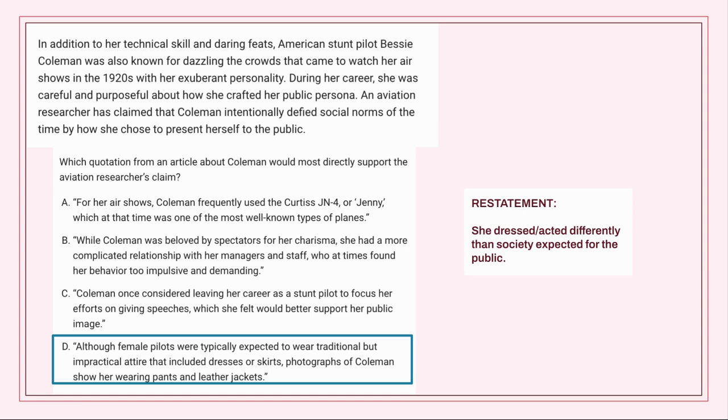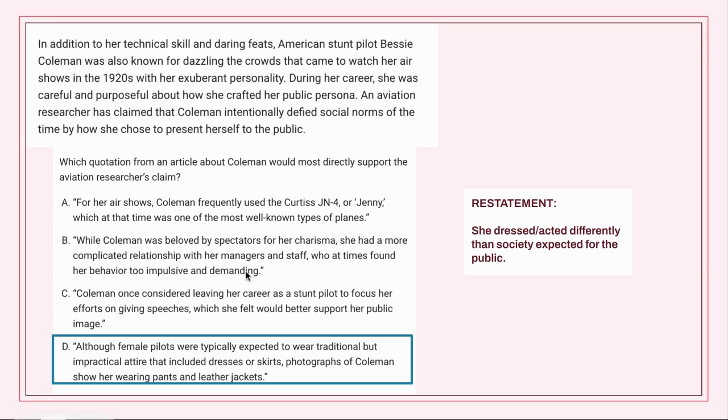So this one might be tempting because it is saying that she's a little irritating, a little frustrating, which, if we're thinking about women in the 1920s, maybe your outside knowledge is correctly thinking, okay, women weren't really expected to be impulsive or demanding or anything. But we're talking about how she chose to present herself to the public. And this one is talking about her private life.